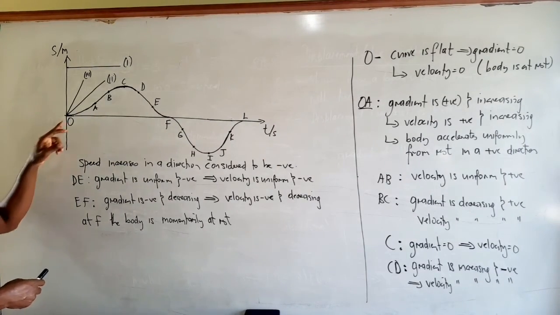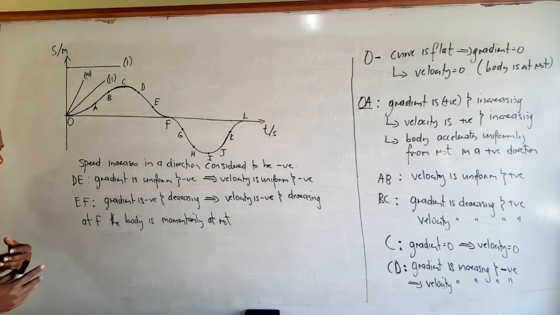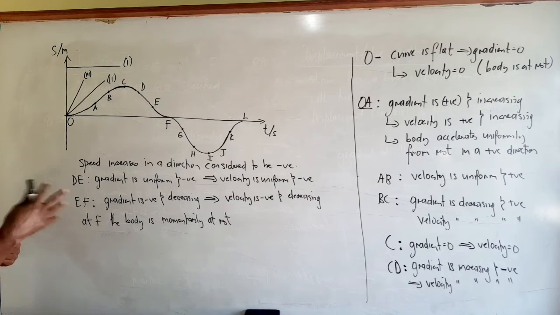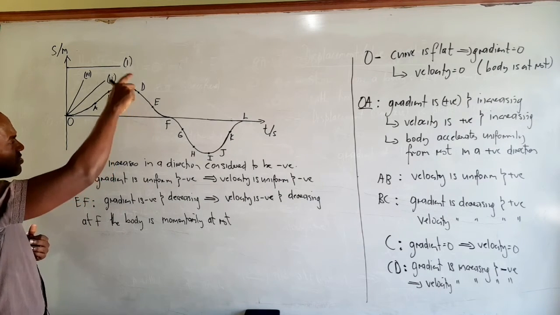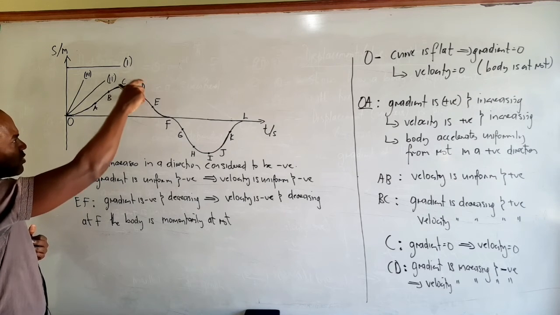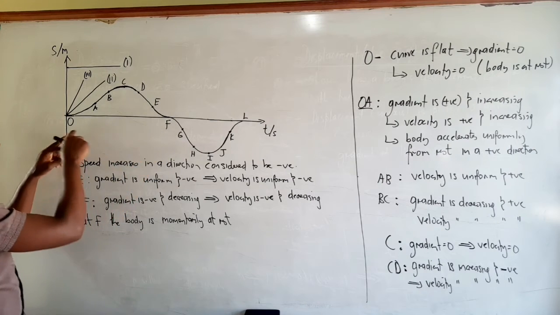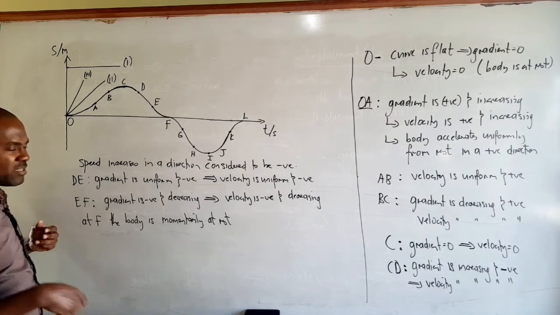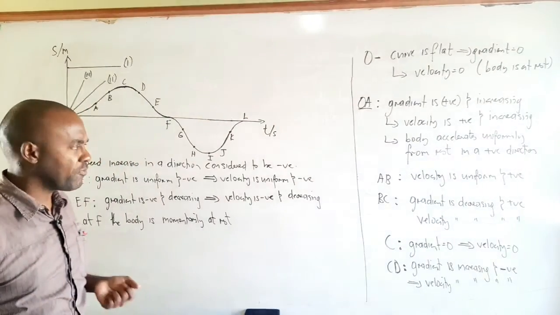So the body starts at O, and between O and C, it is moving in a certain direction, away from the reference point. At C, it stops, and it basically reverses direction and begins to move back towards the reference point, and eventually returns to the reference point at F. So basically, O and F correspond to the same physical location, which is the point from which the body initially started moving, right?